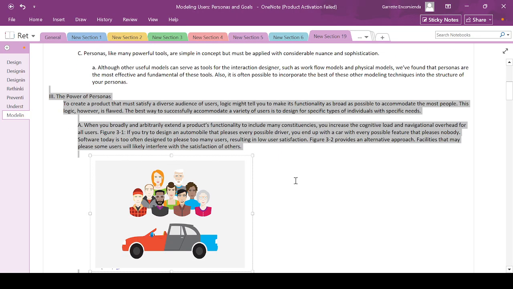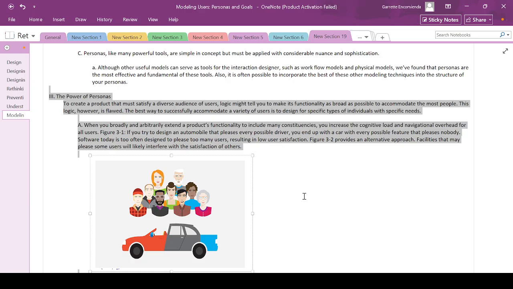So the reason is that when we fail to recognize the persona that we want to satisfy, we actually waste resources and end up adding excise to the ones we are actually wanting to help.